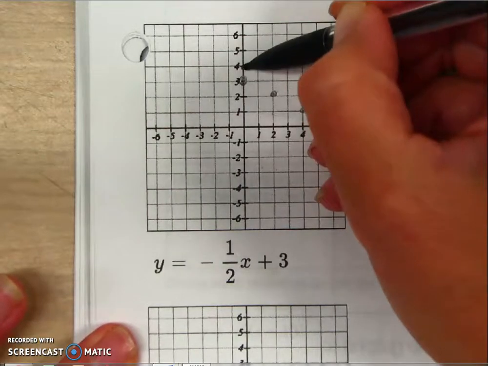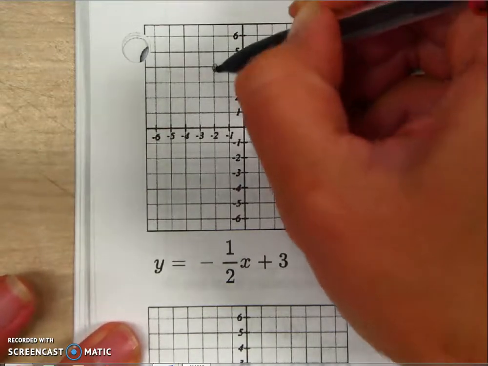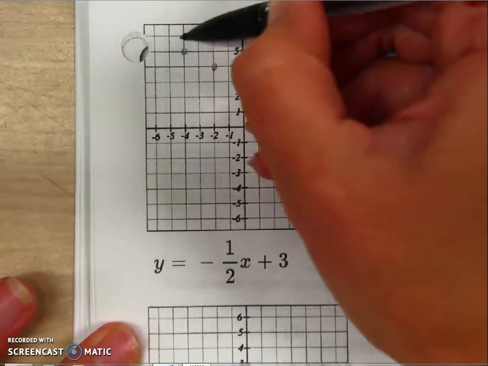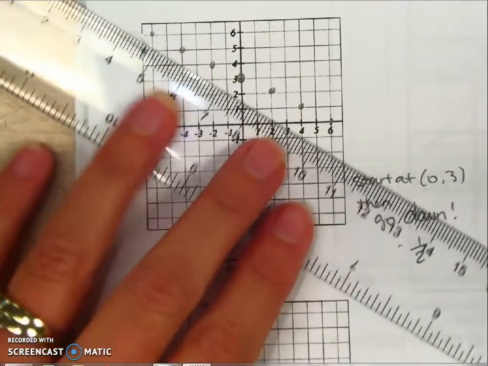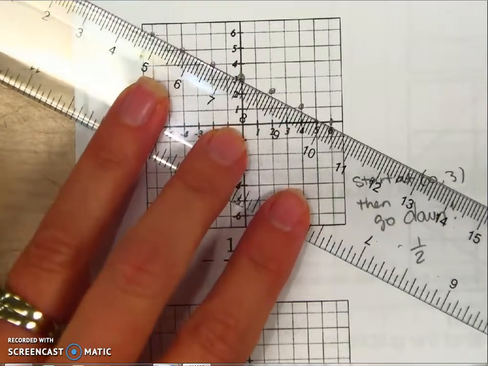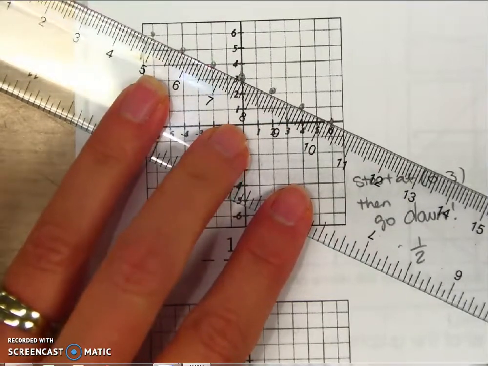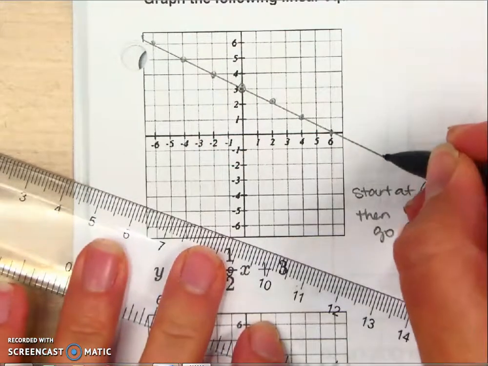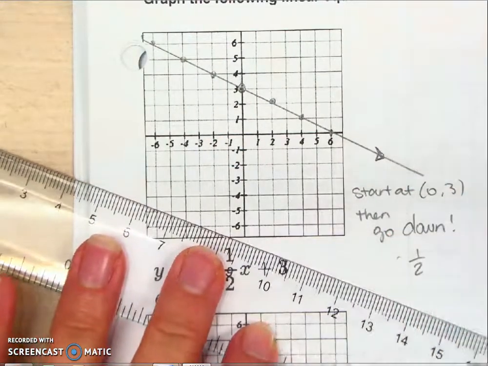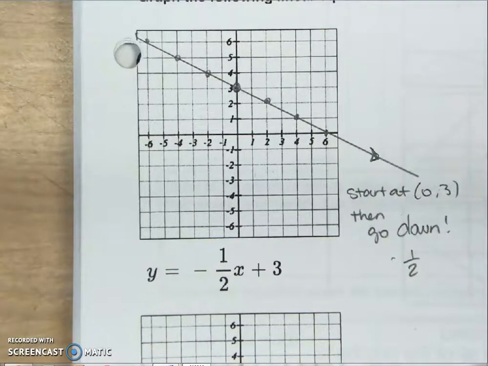Or we could go up and left 2, as long as we have our change in y and change in x. Change in y is a 1, change in x is a 2, and we want this line going downhill because it is a negative. So that's a decreasing function. All right, so those we're used to.